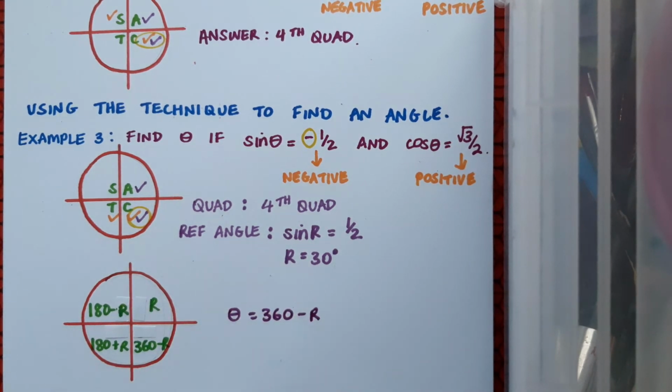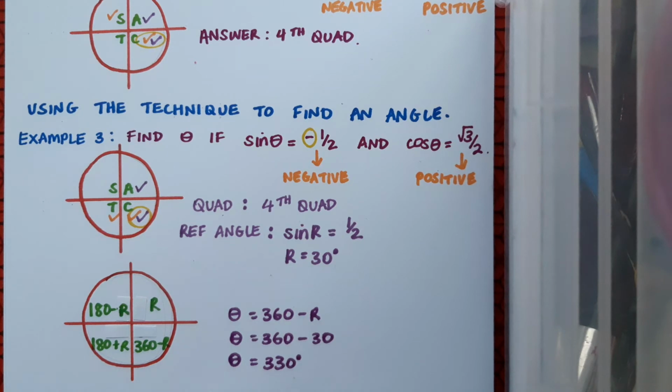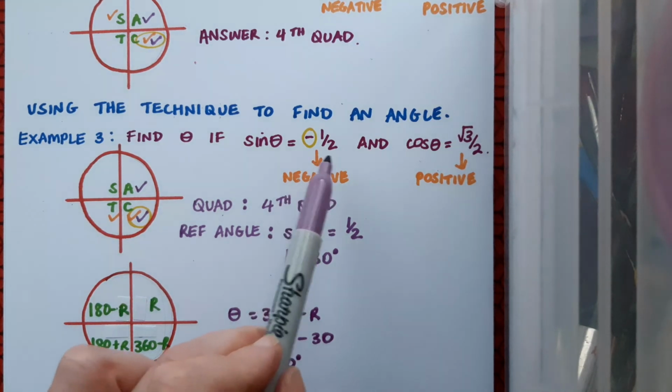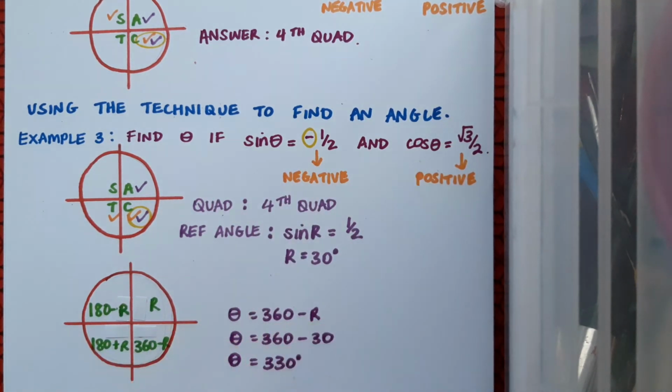Since I know that r is 30, that means it's 360 minus 30. So my angle is 330 degrees. Note that I only have one solution because having two trig ratios allowed me to narrow my answer down into one quadrant to get just one value of theta.